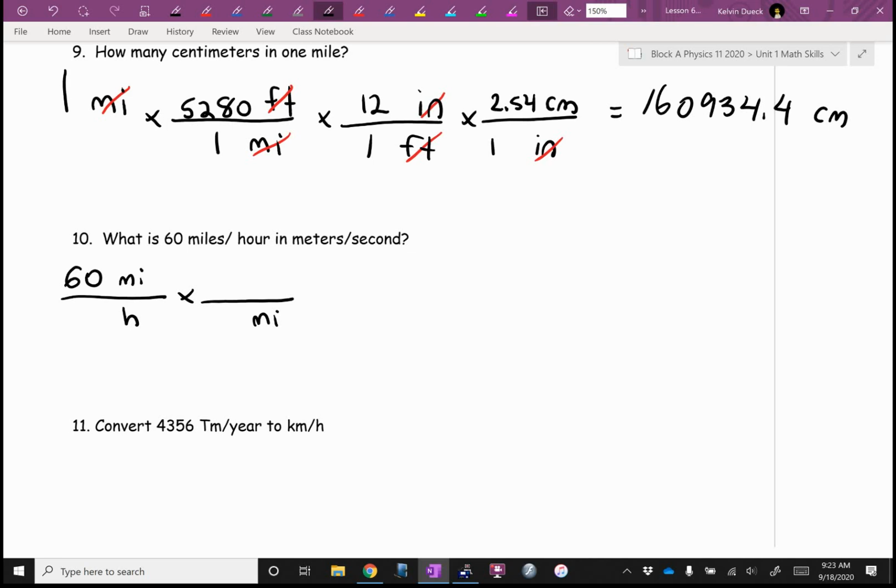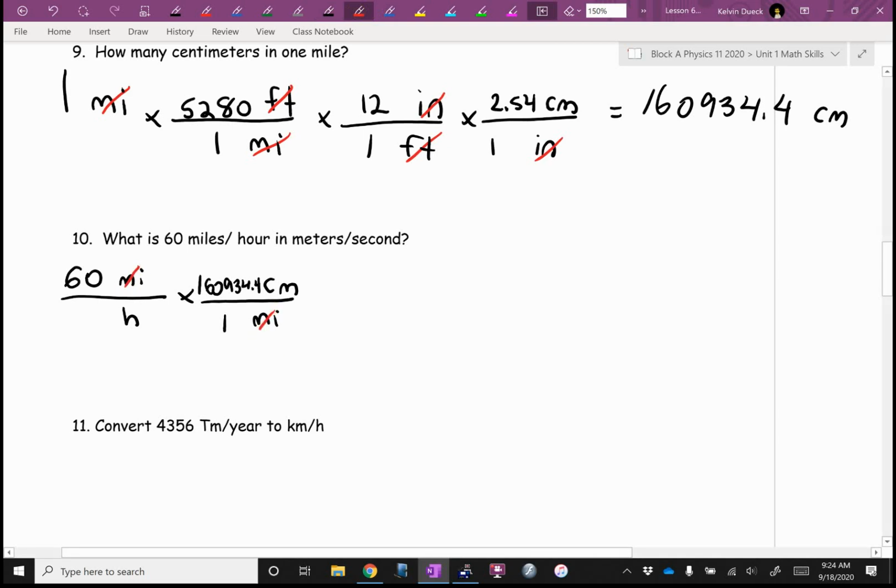Is that okay, Owen? So I'm actually going to put centimeters on the top, and the conversion factor is 160,934.4 to 1. Is that all right?